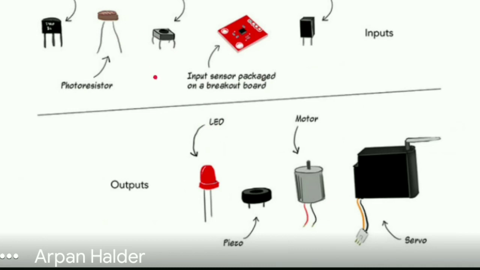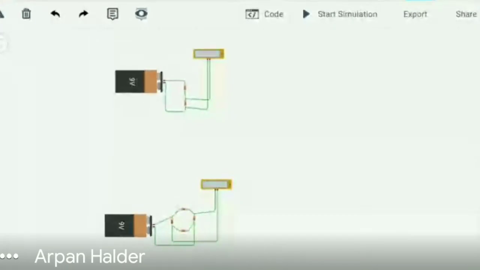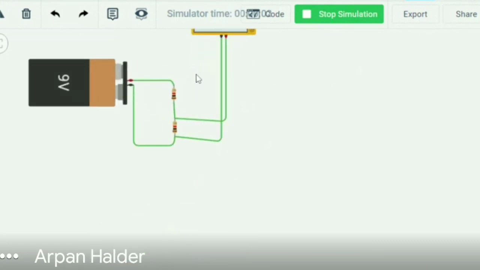So in our last lab, we also did this experiment. The purpose of this experiment was just to give you an understanding of how these two circuits actually perform. Let me zoom in here.